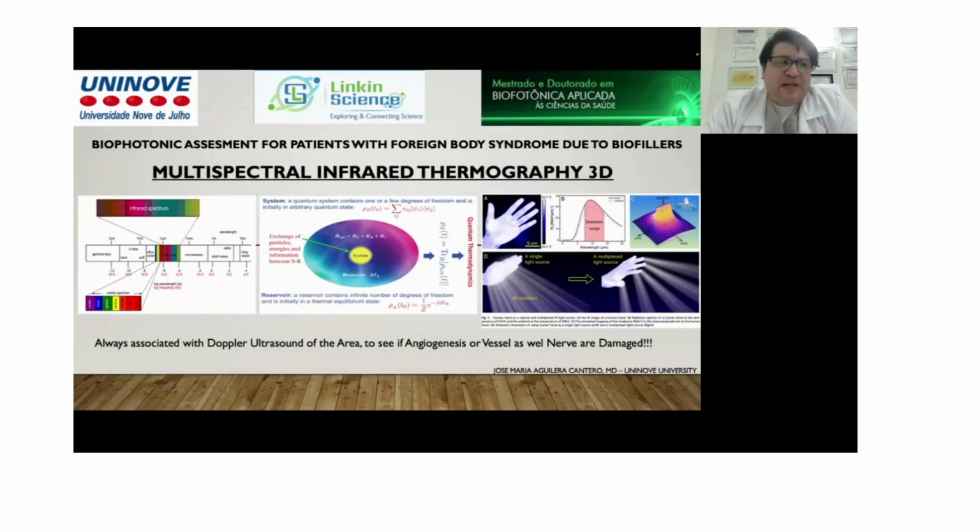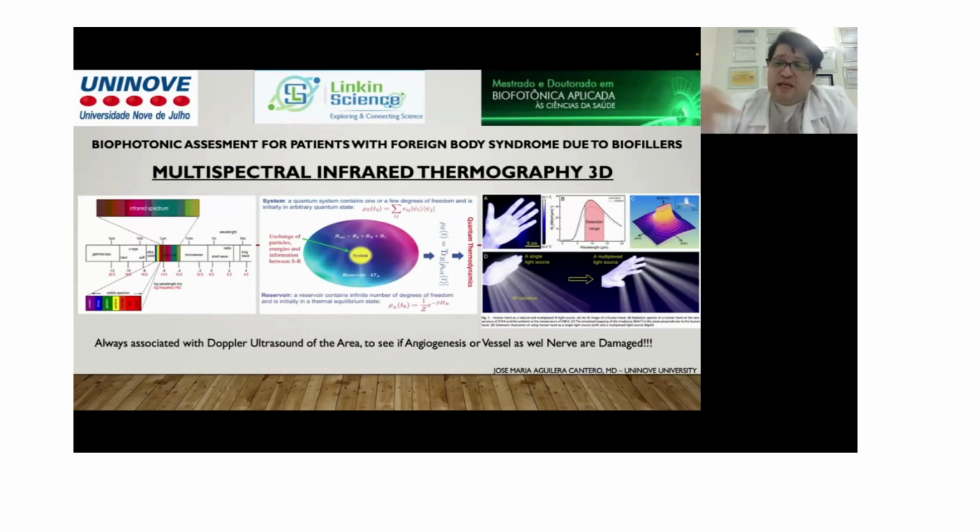So at the moment of the assessment, we can see that multispectral infrared thermography in 3D reconstruction is very useful because we use a narrow window of the infrared spectrum in order to see the quantum thermodynamics of the emission of radiation of the human body, and we try to detect some alterations or some tissue dysfunctions, as well as inflammations, neurological patterns, vascular patterns.